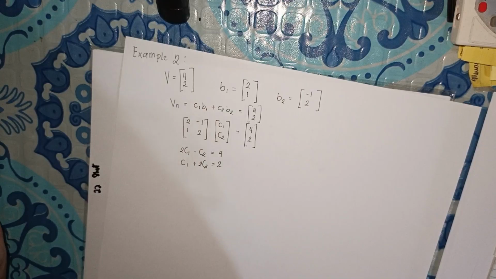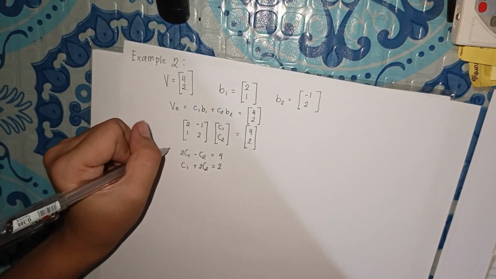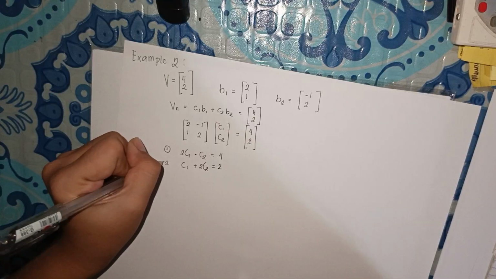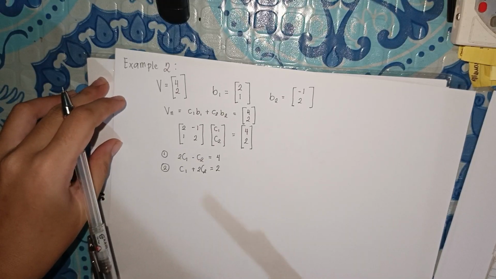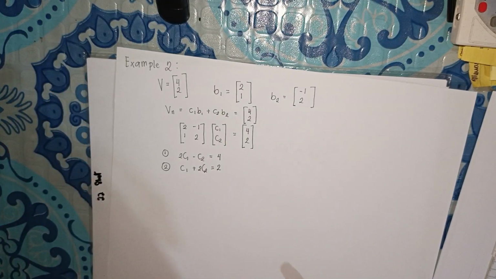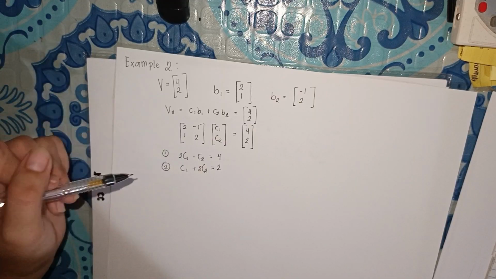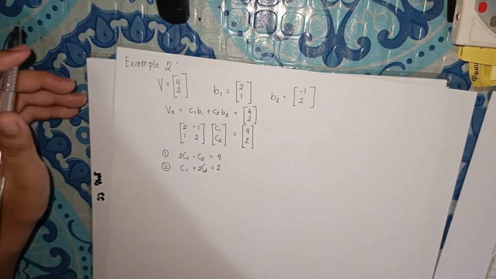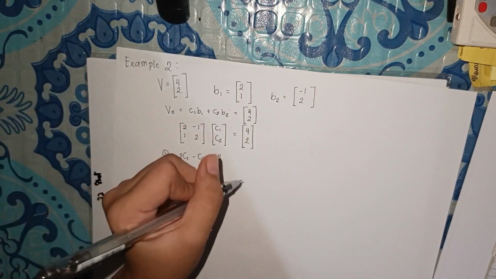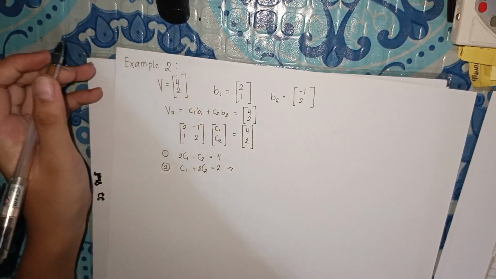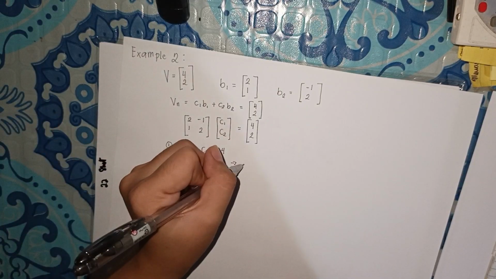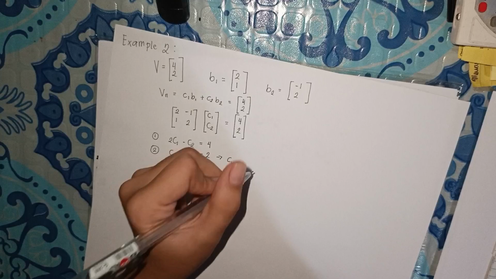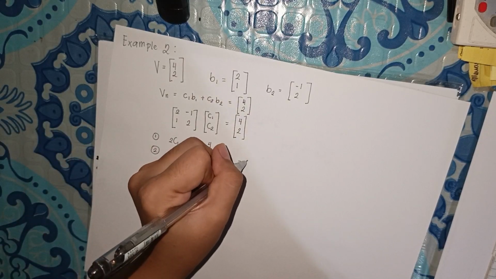Now, this is equation 1 and equation 2. Next, we choose which variable we want to isolate. It can be either of the two. But I will choose equation number 2. So C sub 1 is equal to 2.